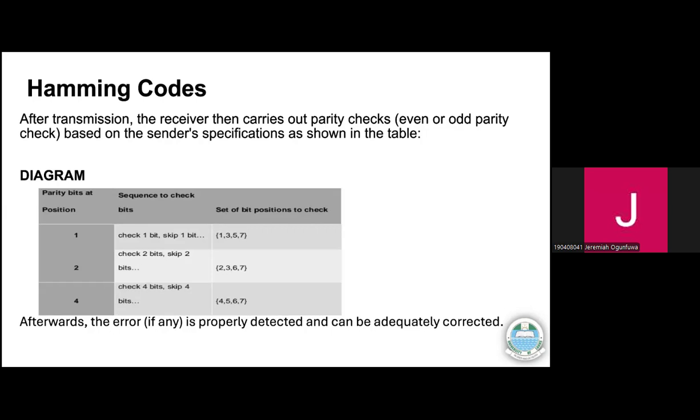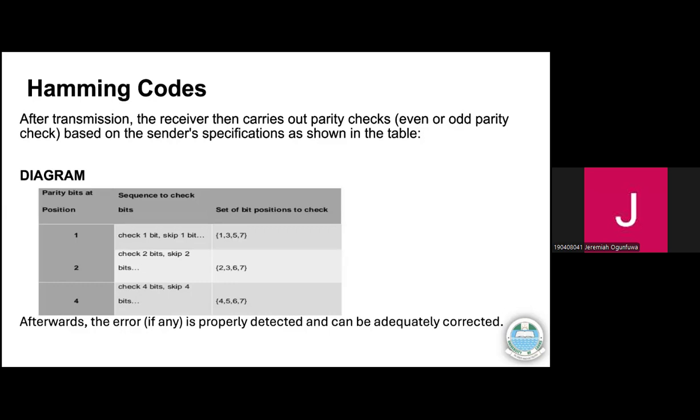The parity bits were grouped, and then those parity bits were used to check individual errors. Looking at the table that we have right there, for the first row, we see it is 1, and the sequence to check is you check the first bit and then you skip 1 bit.